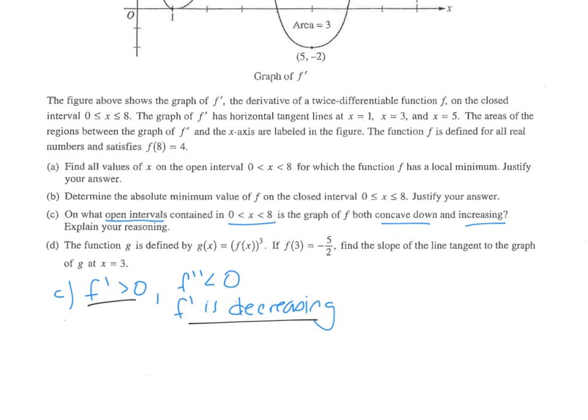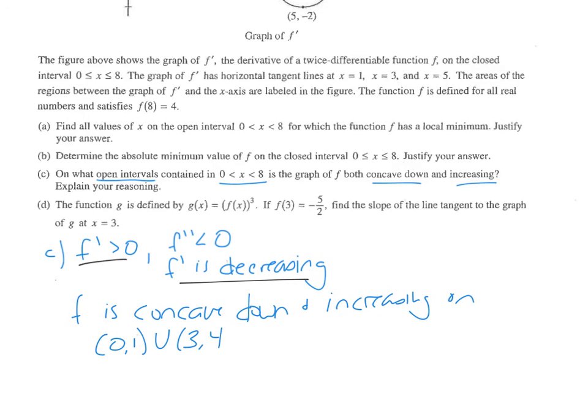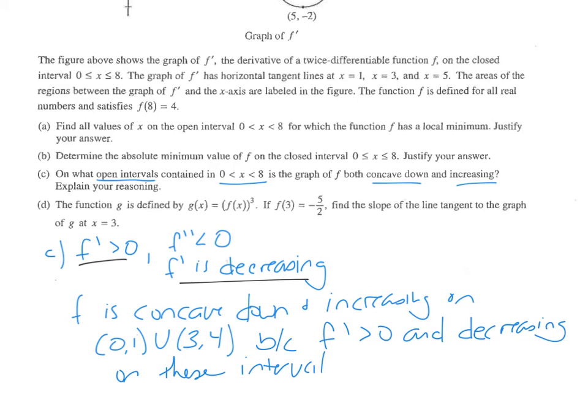So we'll write that down, and we'll say f is concave down and increasing on 0, 1, and then from 3 to 4, because f prime is positive and decreasing on these intervals.